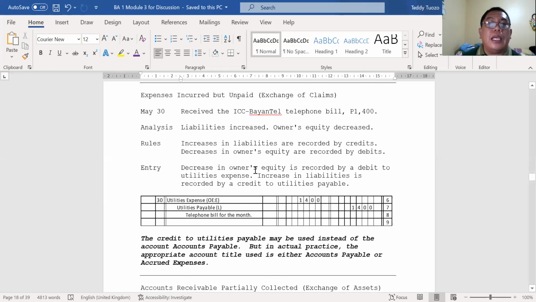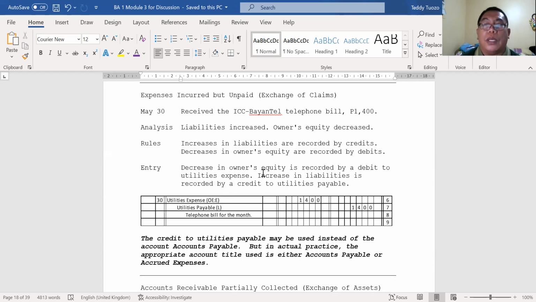On May 30, received the bill via telephone for 1,400. So he has received the telephone bill for the installation. Of course, since he only received the bill, no payment was made yet. So there would be an increase in utilities expense.